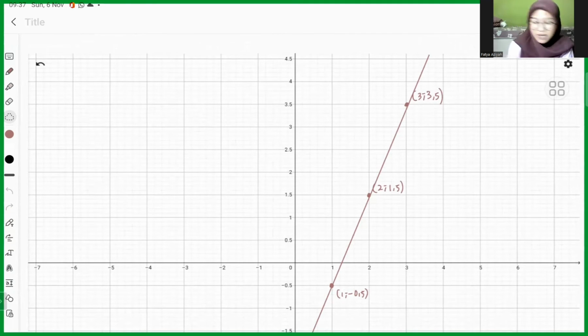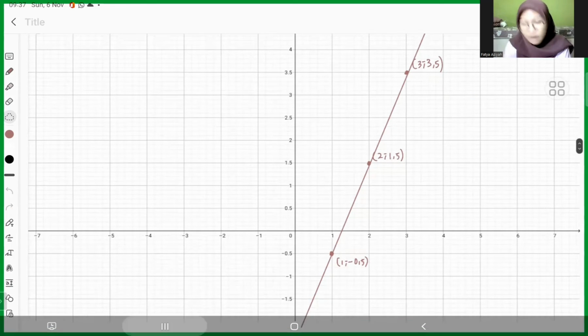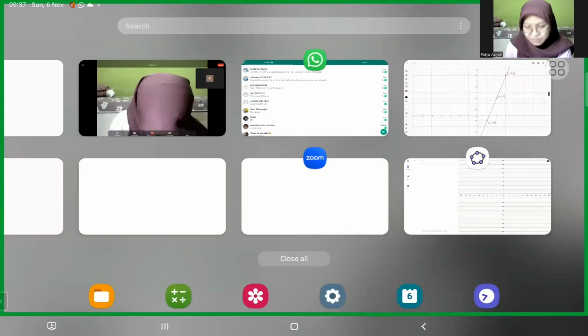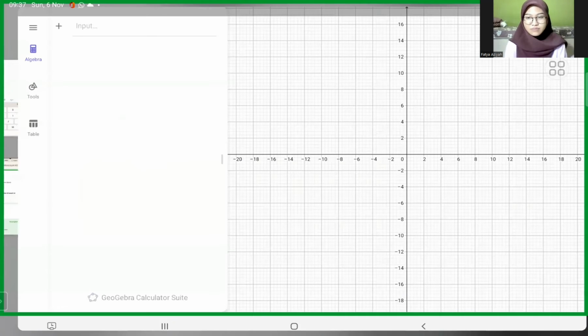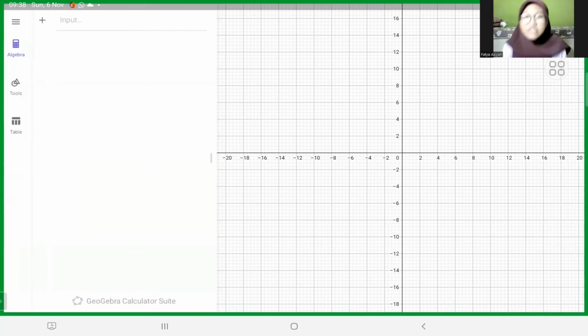It's pretty simple and easy to make, right? But it's so much simpler if we use GeoGebra to get the graph of a function. I'm going to show you how to draw a graph in GeoGebra. This is what GeoGebra looks like, the screen of GeoGebra.